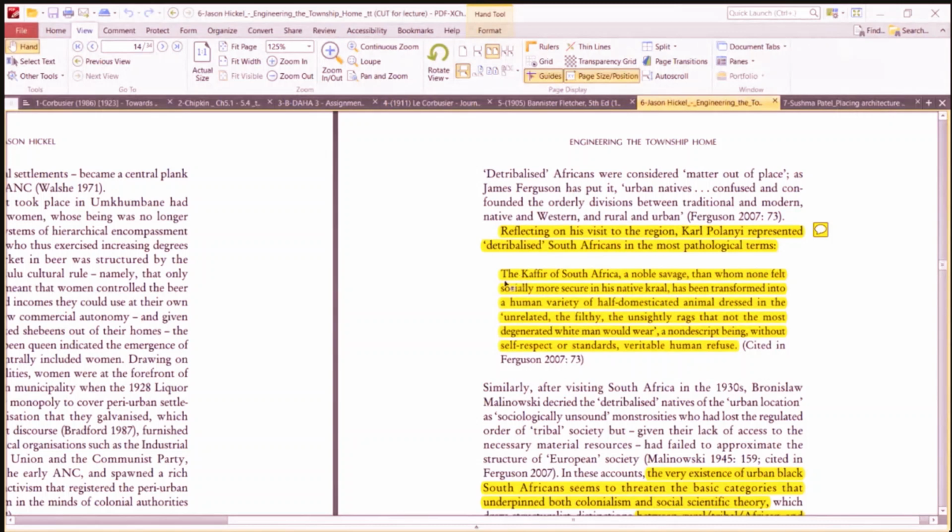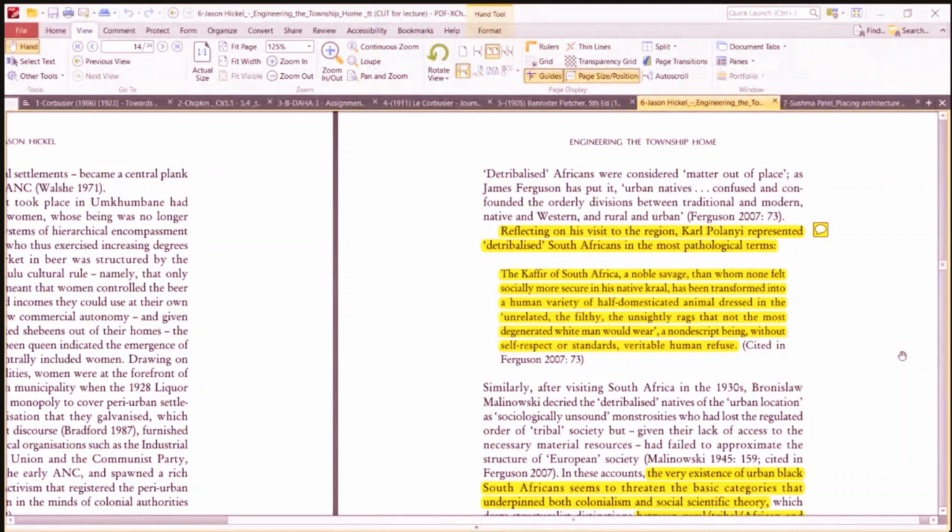He uses the K word, which was normal back then, and speaks of a noble savage in South Africa. Same words as Corbusier, same ideas as Banister Fletcher.